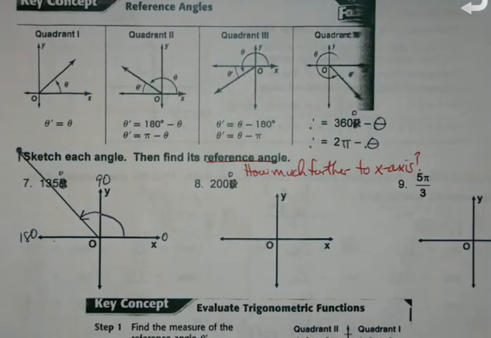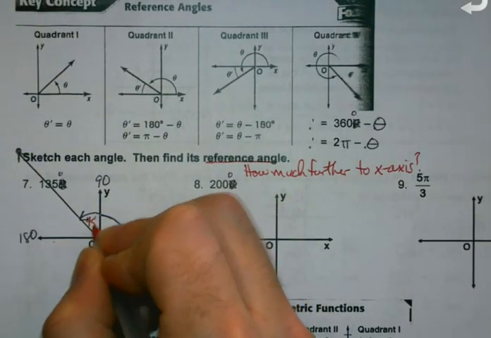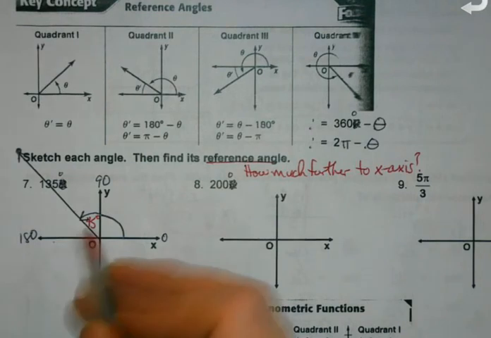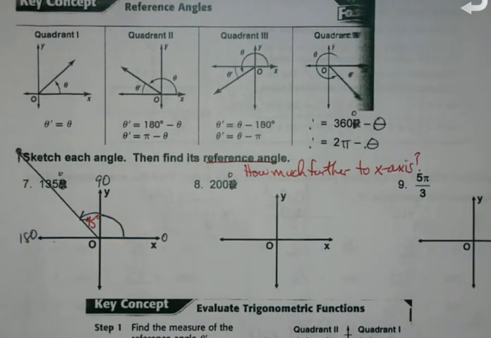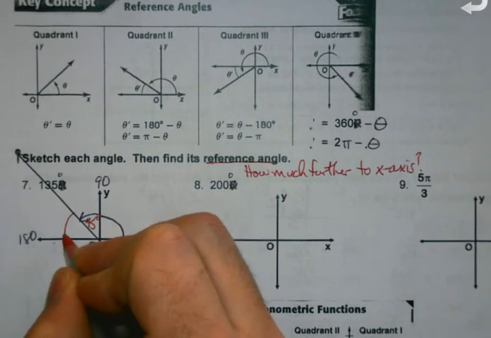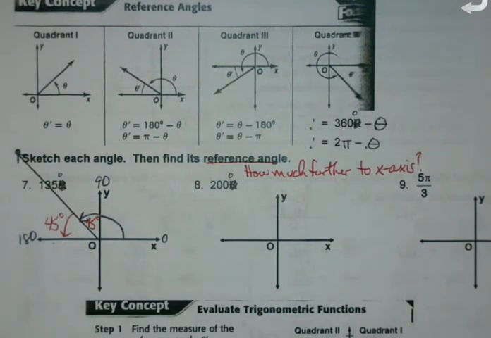Visually this time, I'd hope this would be fairly simple to see. If I'm 45 degrees going in from 90 to here, that probably means I need another 45 here. But do I want to actually have to sketch it every time? No. That's what this little chart helps us do. For me to get from here to here is 45 degrees. That would be my reference angle.